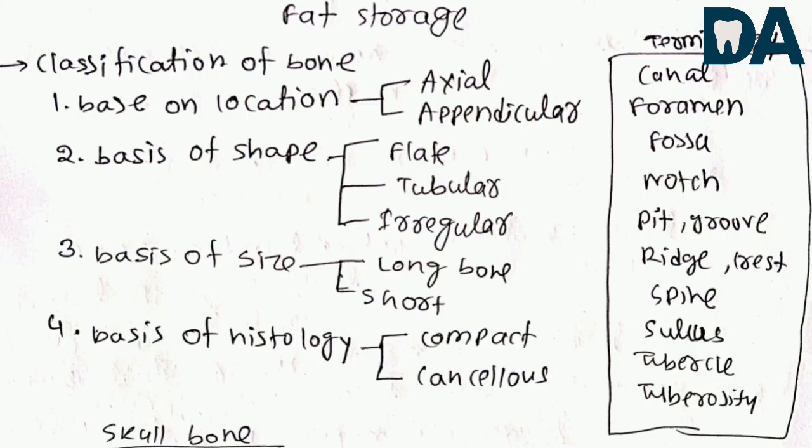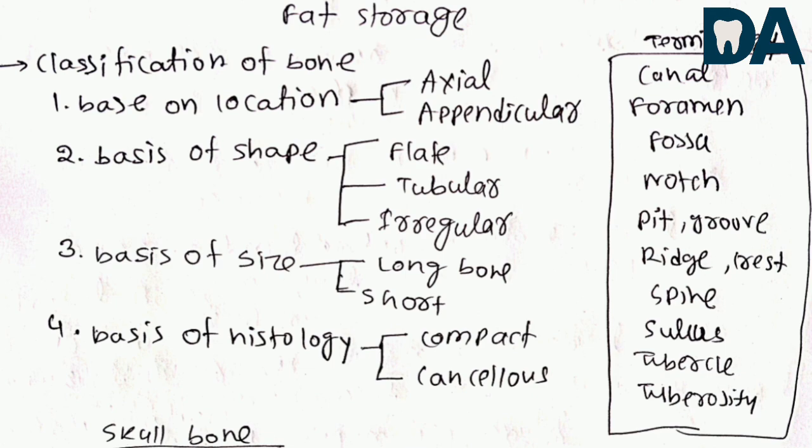On the basis of shape: flat bone. Examples are bones of the skull, sternum, pelvis, ribs. Tubular bones. Example: bones of limbs. Irregular bones. Example: bones of face and vertebral column. On the basis of size: long bone, short bone. Long bone, bones that are tubular in shape.